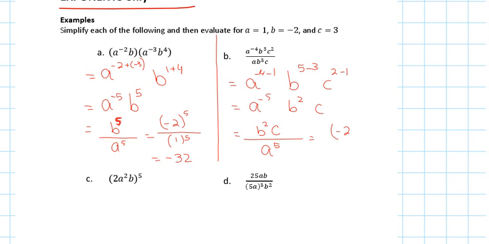C is 3 over 1. So what's negative 2 to the power of 2? 4. 4 times 3 is 12 divided by 1, so my answer is 12.